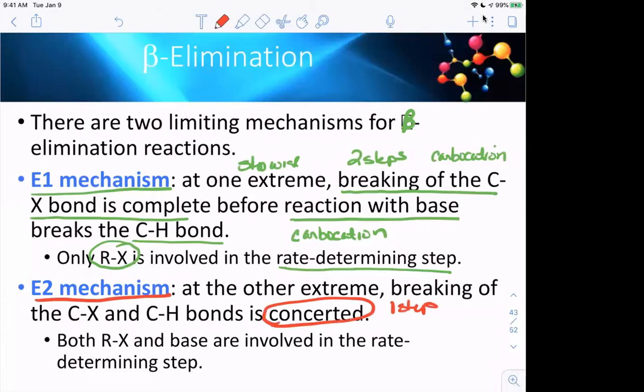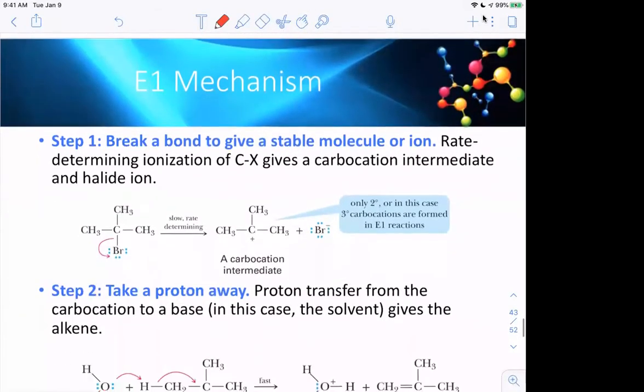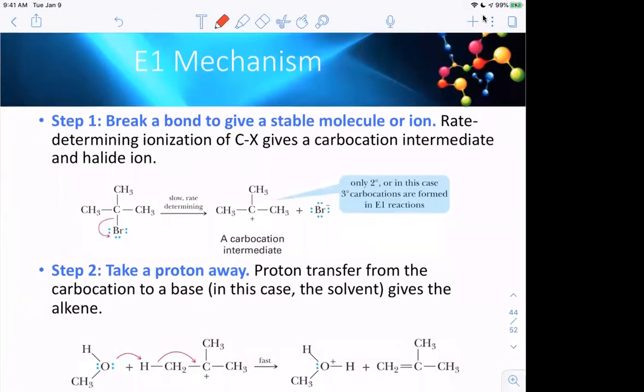And again, very similar to SN2 in that the RX and the base concentrations are involved in the rate determining step. So again, there are some similarities in these mechanisms between the SN1 and the SN2 and the E1 and the E2. So let's look at the E1 mechanism.